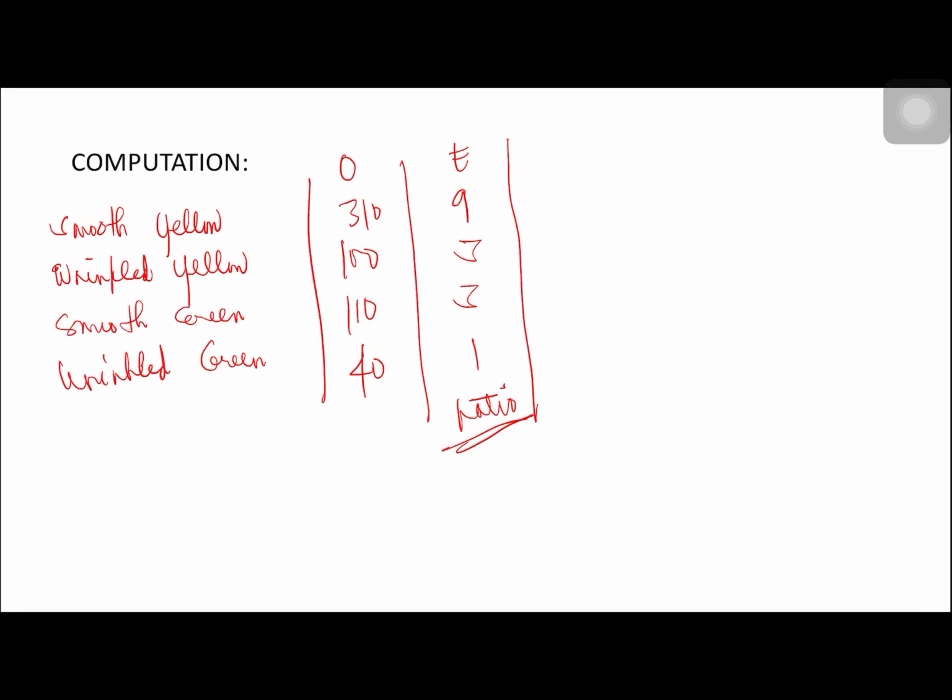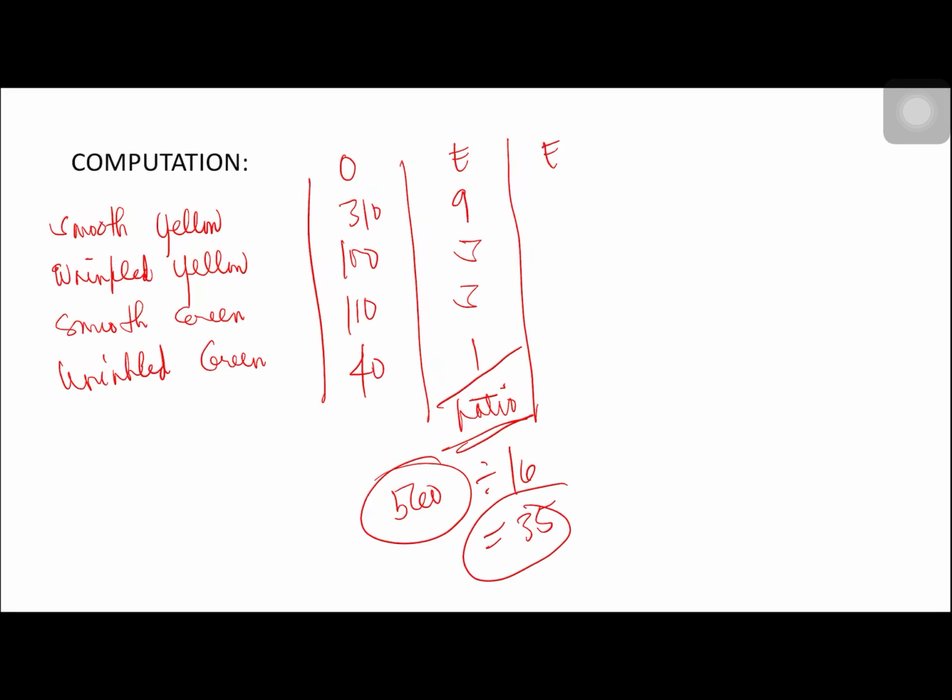To get our expected frequencies, we have the 560 peas. We add our ratio, 9 plus 3 plus 3 plus 1, that is 16. So we have 560 divided by 16, which gives us 35.